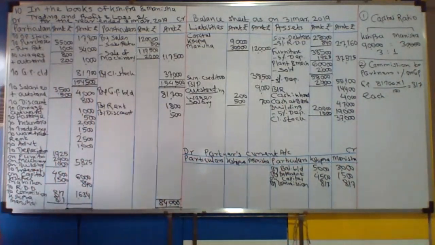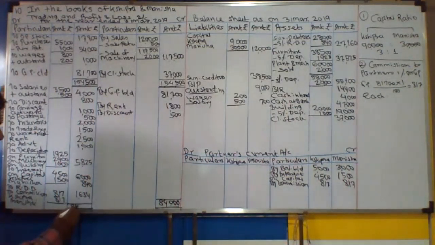Credit total is 84,000. Let us find by subtraction how much your net profit comes to, and how to distribute the same.